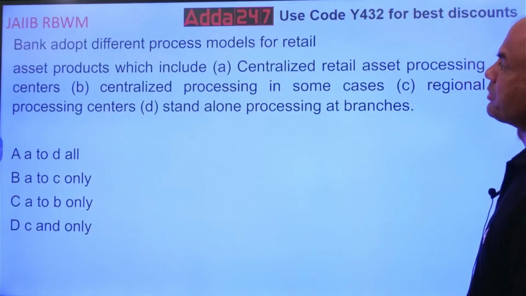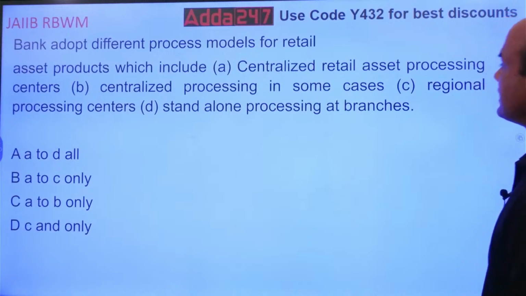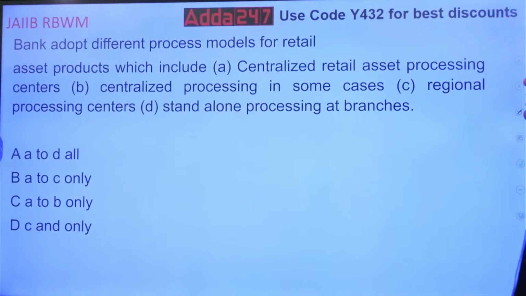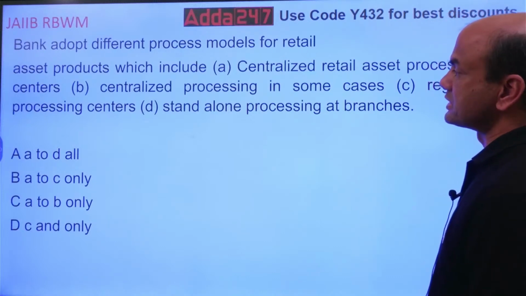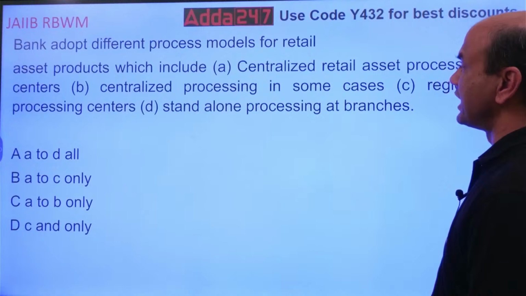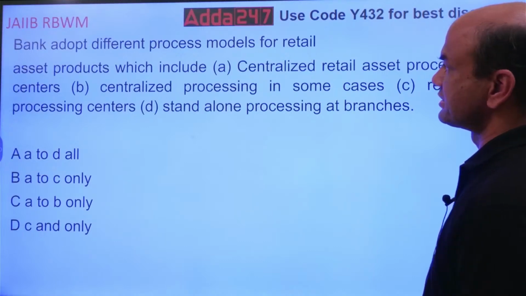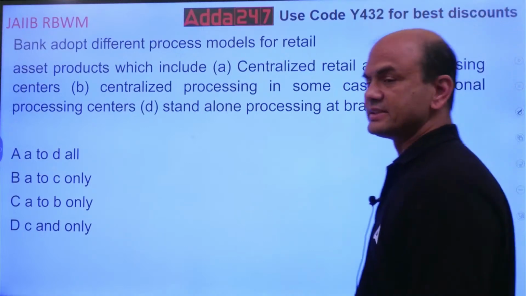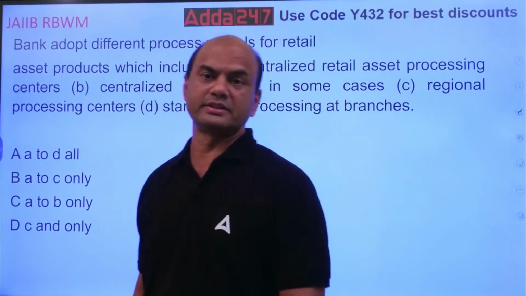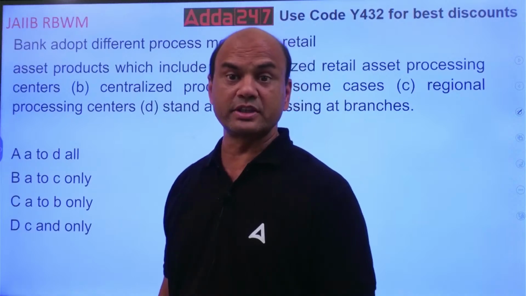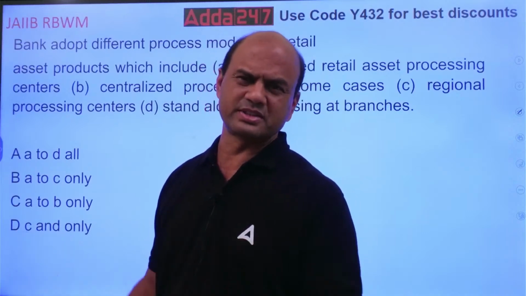Banks adopt different process models for retail asset products, which include centralized retail asset processing, centralized processing in some cases, regional processing centers, and standalone processing at branches. So retail assets, whenever a bank does anything for retail assets, meaning processing of loans, it can be done at two levels.